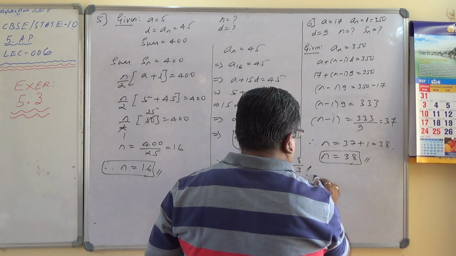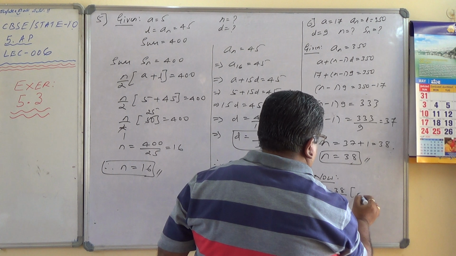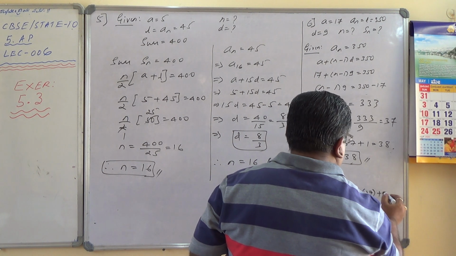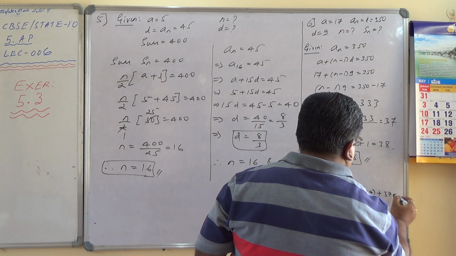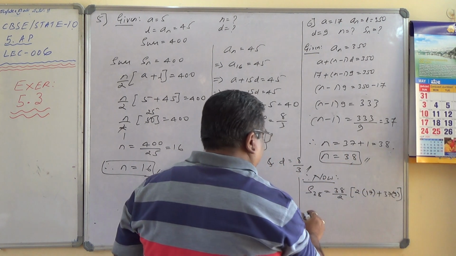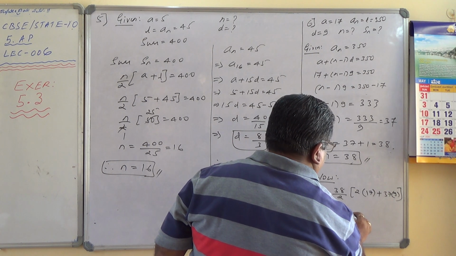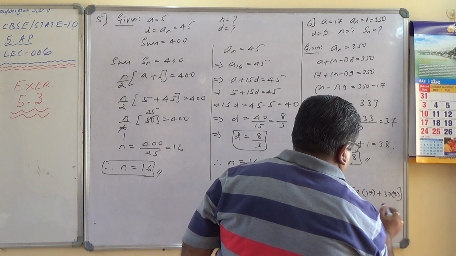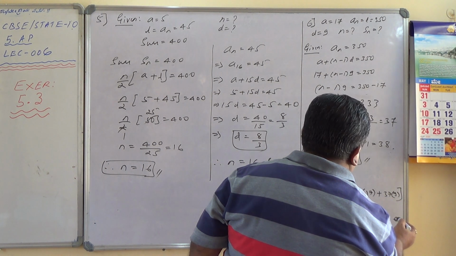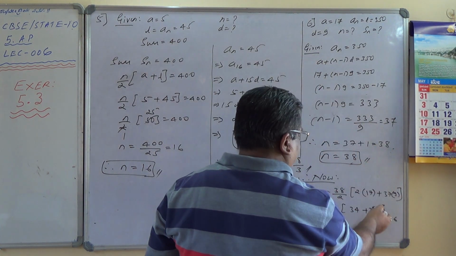Now S38 equals 38 by 2 into bracket 2 times A, which is 17, plus n minus 1, which is 37, into D, which is 9. Yeah, correct. 37 into 9 is nothing but 333.